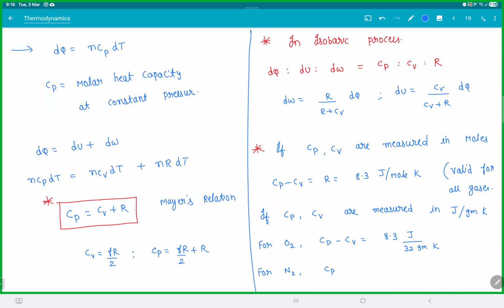For nitrogen, Cp minus Cv will be 8.3 joule per 28 grams Kelvin. So they're not equal. Just be careful with the units. If you're measuring in joule per gram Kelvin, then Cp minus Cv is not equal for all gases. If you're measuring in moles, it doesn't matter which gas you use, it will always be the same. That's the question they tried to ask, but they forgot to mention grams. So they had to give marks for Cp minus Cv equal to R, and also for the answer when it is in grams. Clear with this?